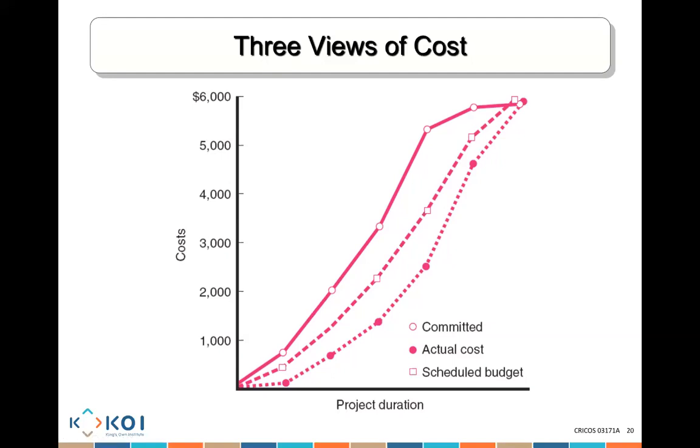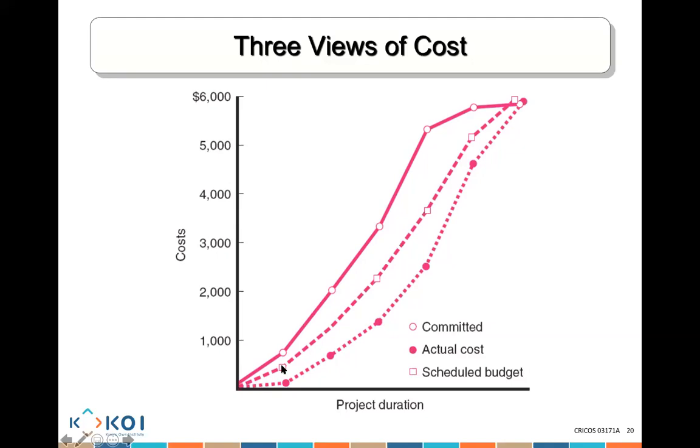That's what I've planned I need. Actual cost is how much the project cost me at that point in time. So yes, I might have scheduled that I will need to spend $500 by week 1, but my actual cost is only $100. So I basically saved money.